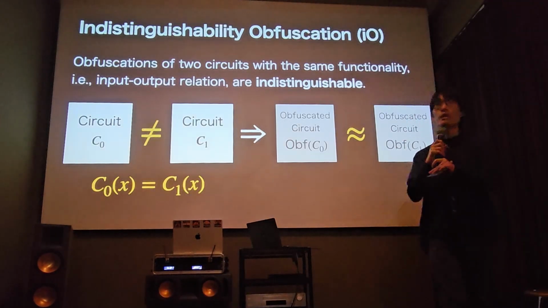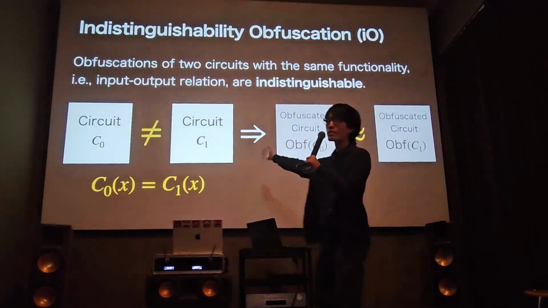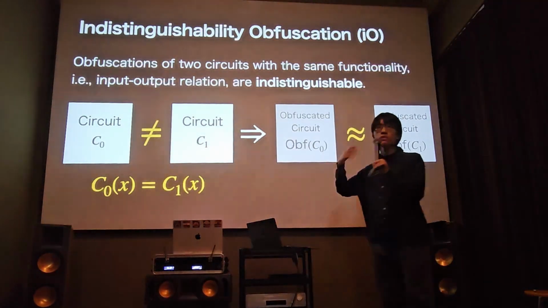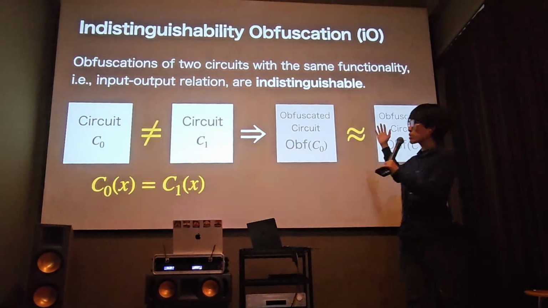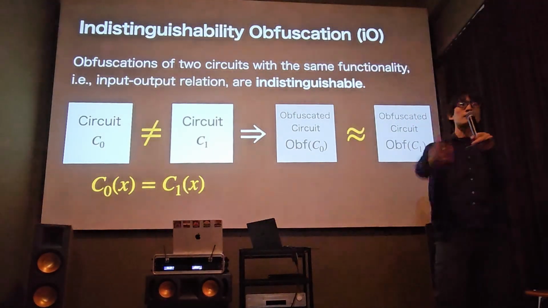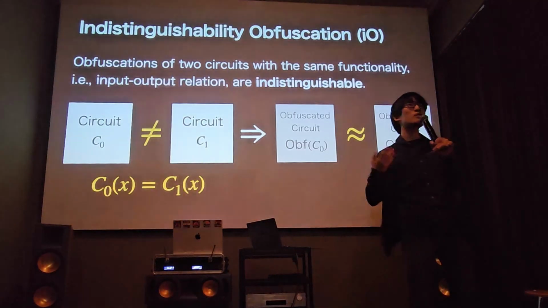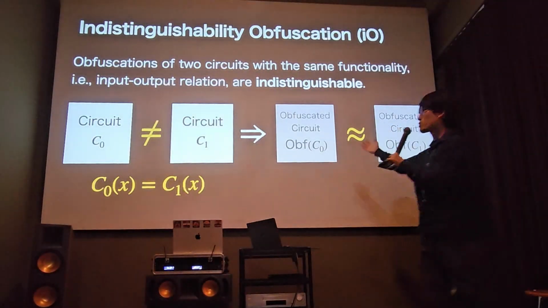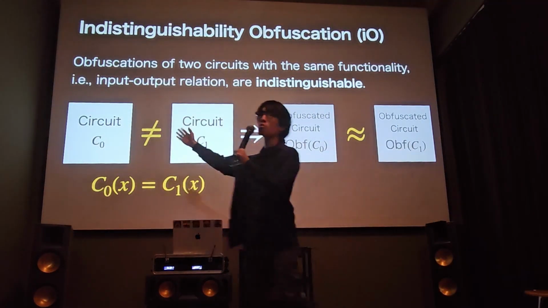So even if the adversary knows these two circuits, whether the obfuscation of C0 or C1 is provided for the adversary, it cannot determine whether the obfuscation comes from C0 or C1.